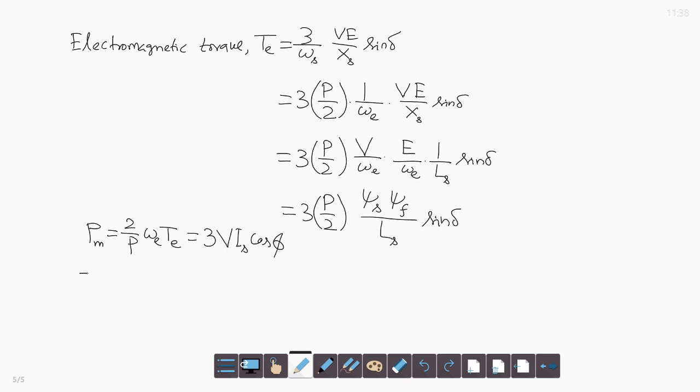So, from this expression we get electromagnetic torque Te is 3 into pole pairs into V by omega e into Is cos phi.